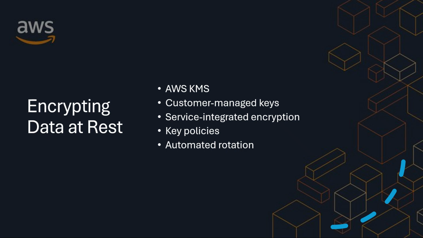You can choose AWS managed keys for convenience or customer managed keys for full control over permissions and access. Key policies determine exactly who can use or administer each key, making authorization transparent and auditable. KMS also supports automatic key rotation, which helps maintain strong cryptographic hygiene without manual intervention.